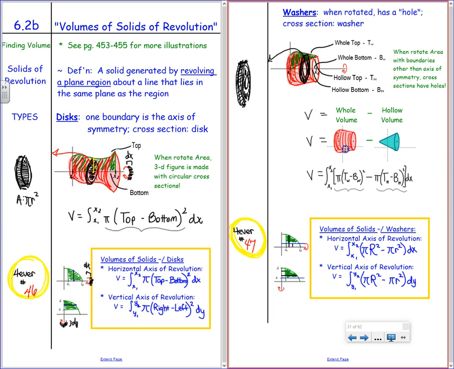If these are getting infinitesimally thin, right now it's big and blocky, it hasn't really been put into the integral yet, so it hasn't been made infinitesimally thin, but think about it. If it was made thin, why is it called a washer? Because it's like a washer.